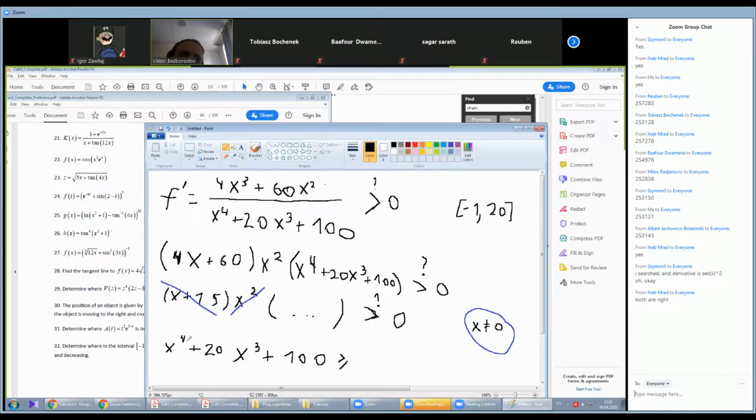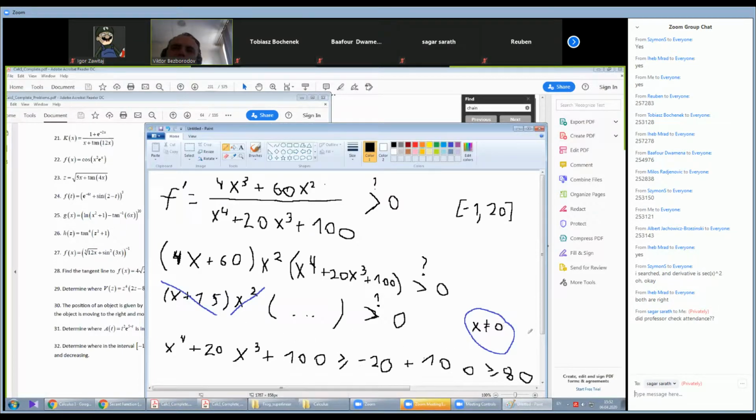So I remove x fourth now because it's non-negative. And then this takes the minimum value when it's -1, the minimal value of the interval. So it's larger or equal than -20 plus 100. And this is, of course, larger or equal than 80. So this is always positive because it's larger than 80 on our interval.